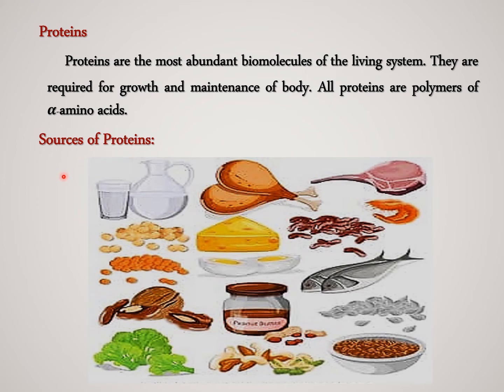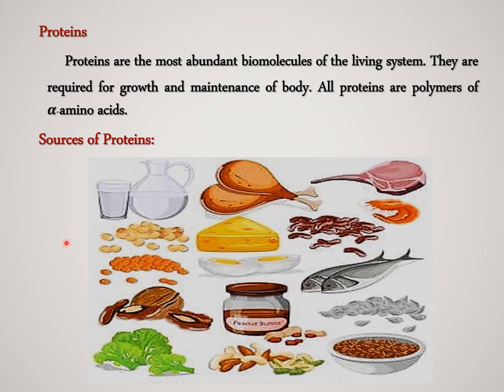Now the question that comes to our mind is, where do you find proteins? It is found that proteins are present in almost all the living cells of plants and animals.